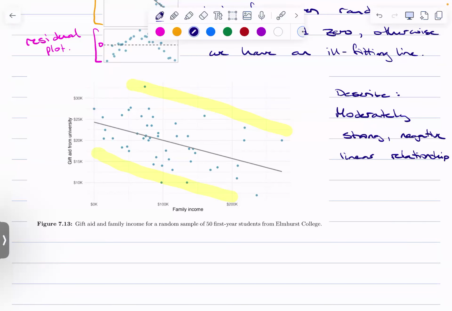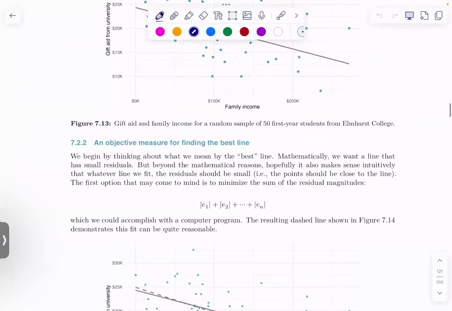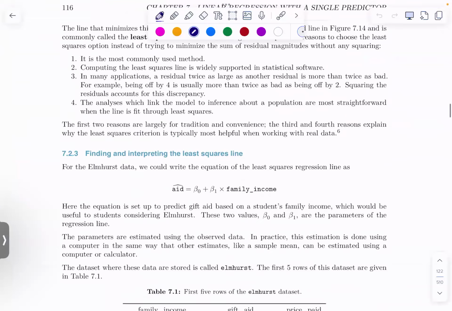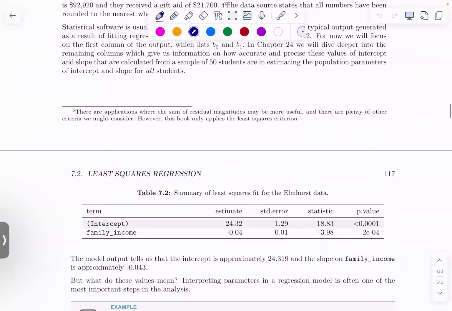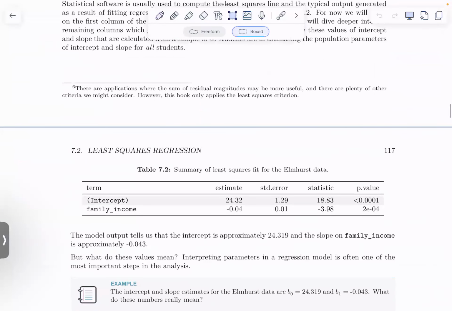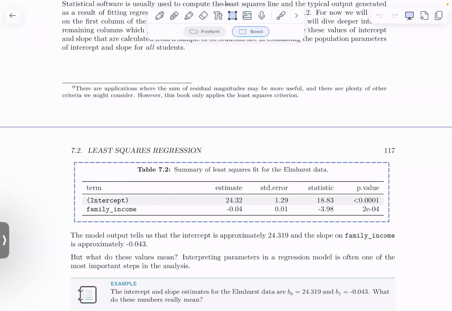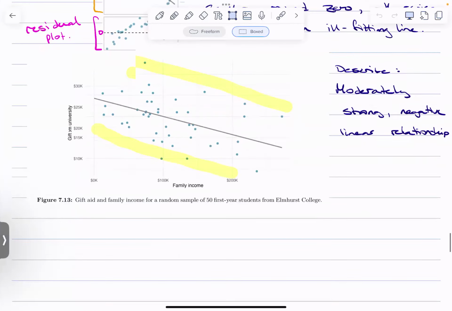There's no other shape than a line that I would use to describe this relationship, and that's a good thing because we're about to fit a straight line to it. They didn't give us the correlation, or at least not that I can see.